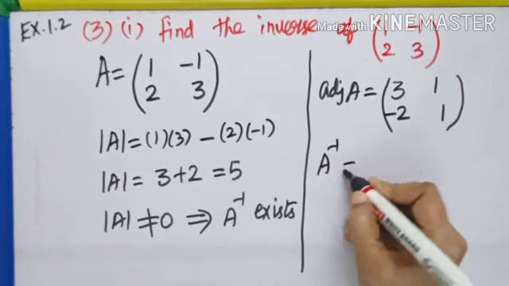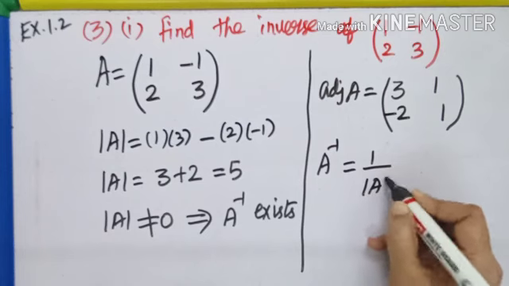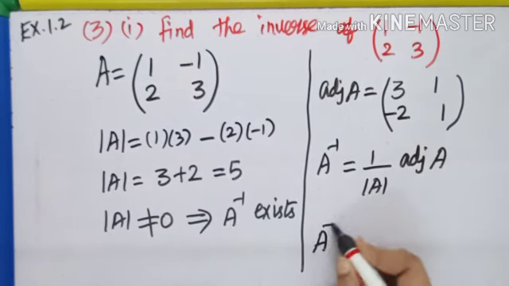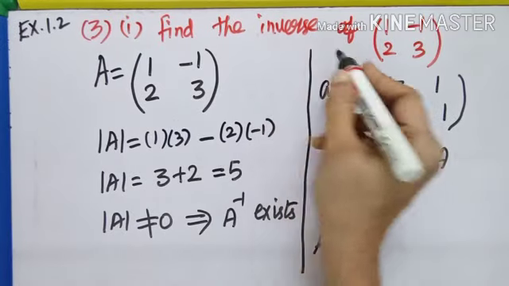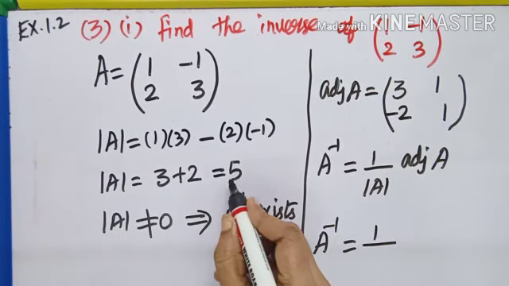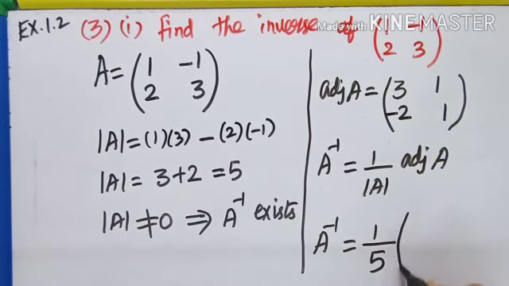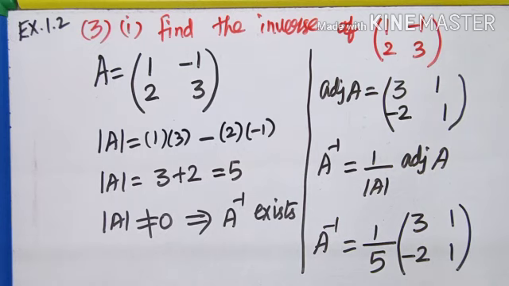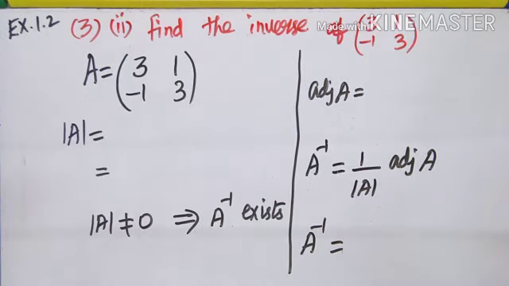What is the formula for A inverse? 1 by determinant A, adjoint of A. My question is to find inverse. 1 by determinant A is 5, adjoint is 3, 1, -2, 1, and that is the answer.